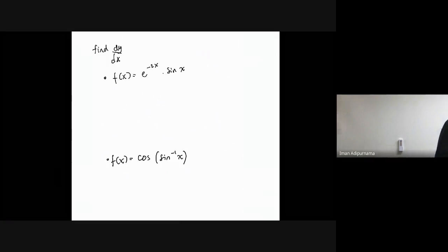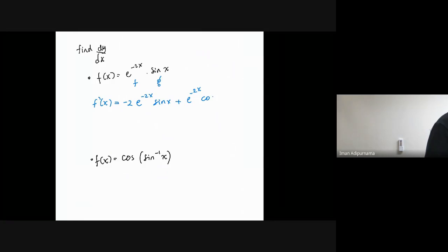Okay, so the first case, I think it's not too difficult. You can think this is two functions, right? It's product rule. So your f prime, let's say the derivative of f, will be negative 2, and then sine x, and it will be plus, and then cos x.